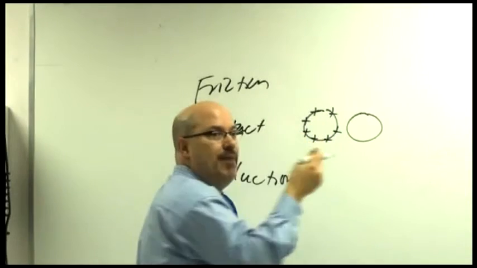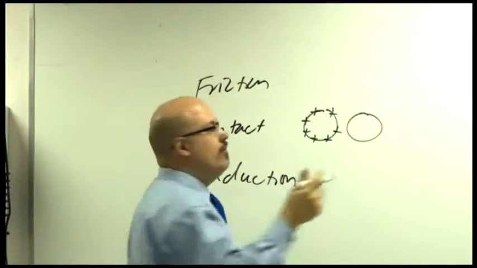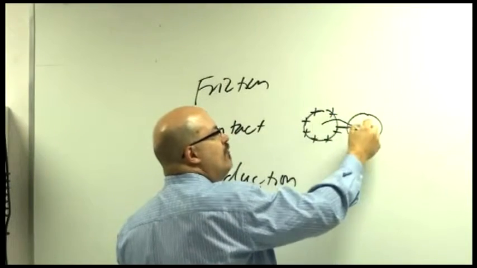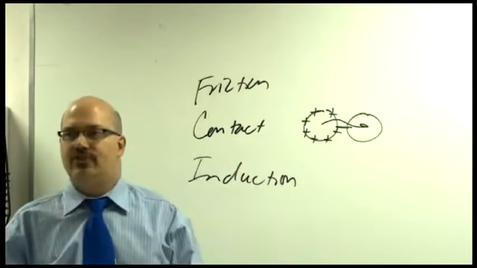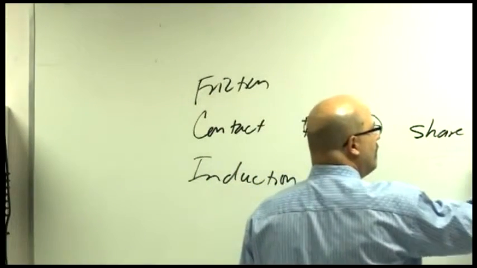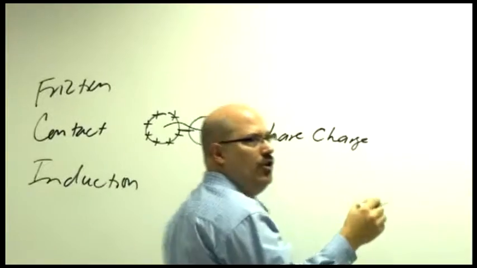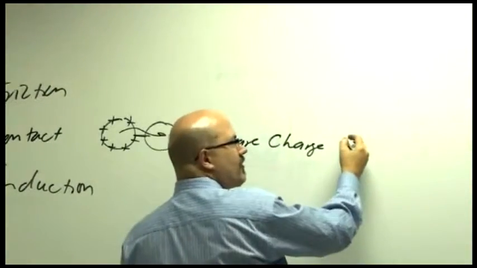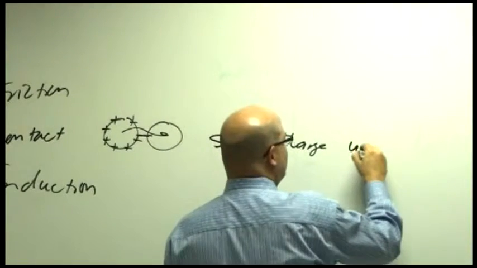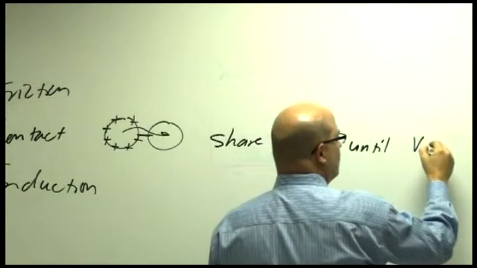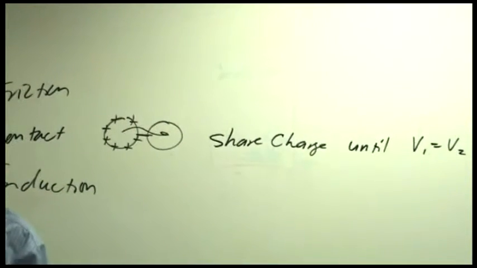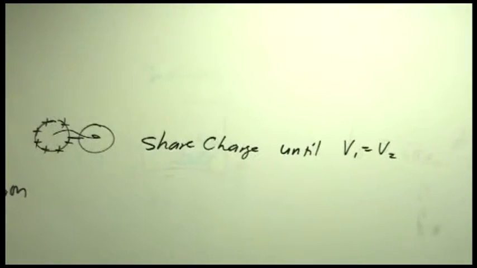So there has to be a pathway for them to move through. If you connect them with a wire, then charge will move from one to the other. They'll share charge until they're all at the same potential, right?